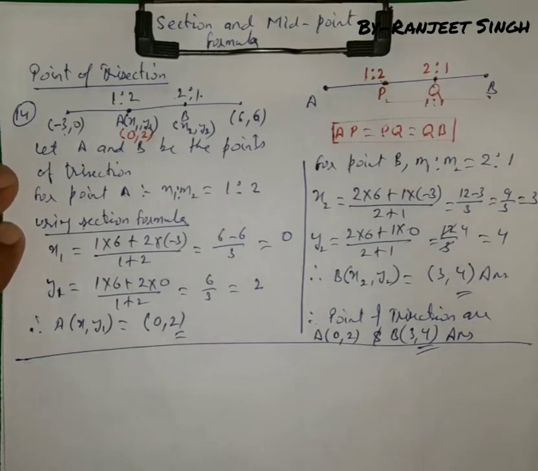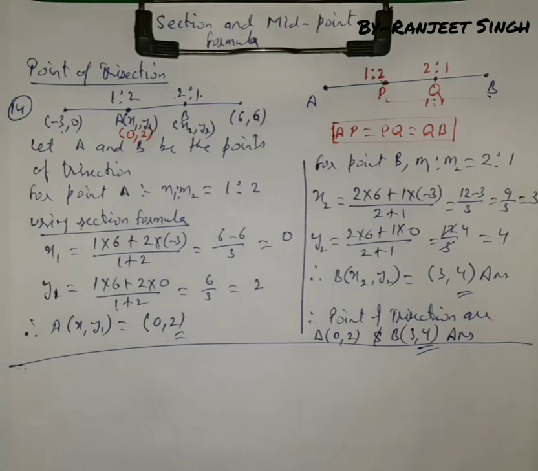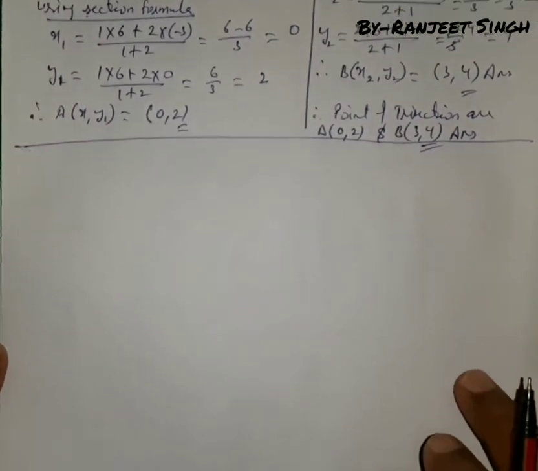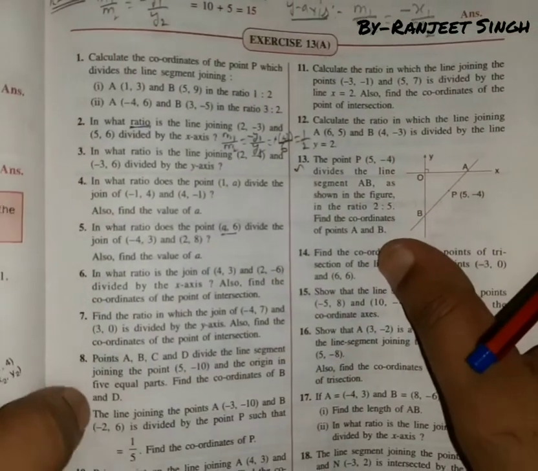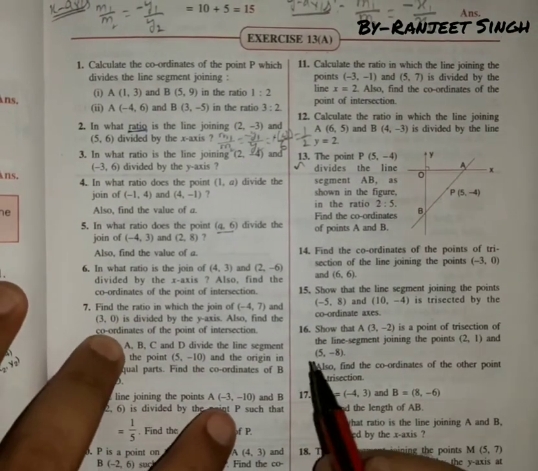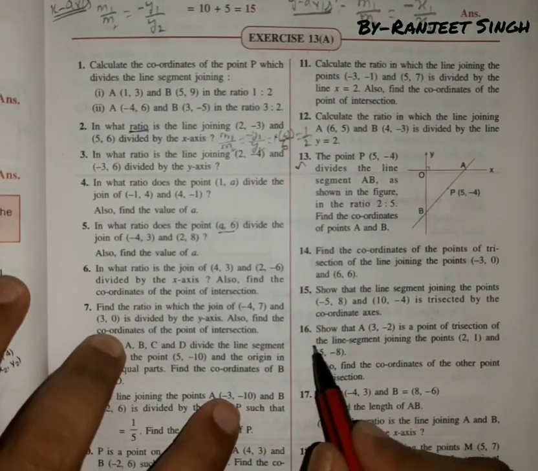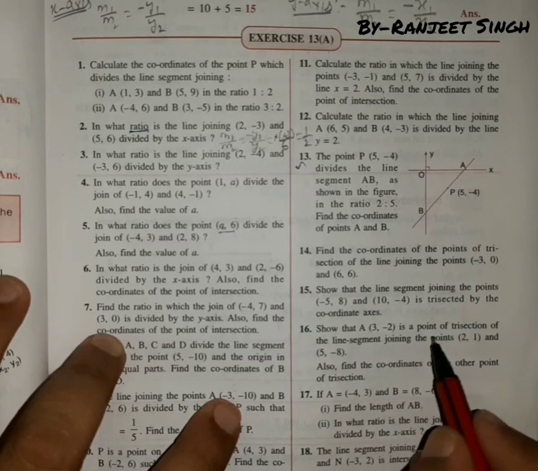Now based on this, I am taking one more question. The question is question number 16. The question says, show that this point is a point of trisection.